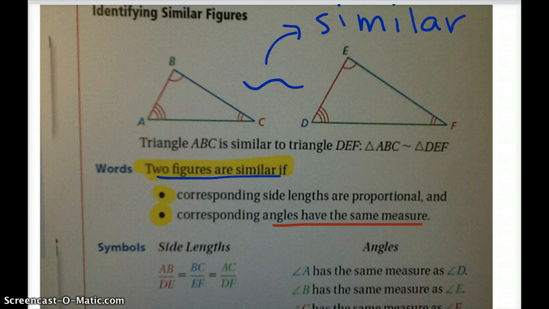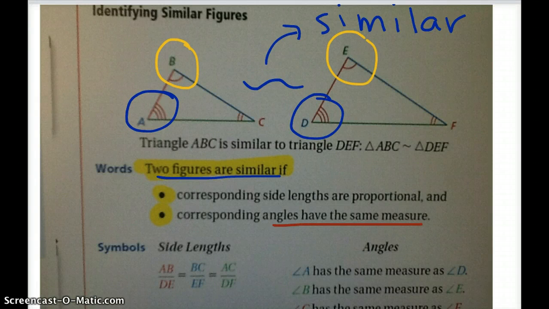So angle A corresponds to angle D, those are going to have the same measure. Same thing with angle B and angle E. Those are corresponding angles. They're going to have the same angle measure.